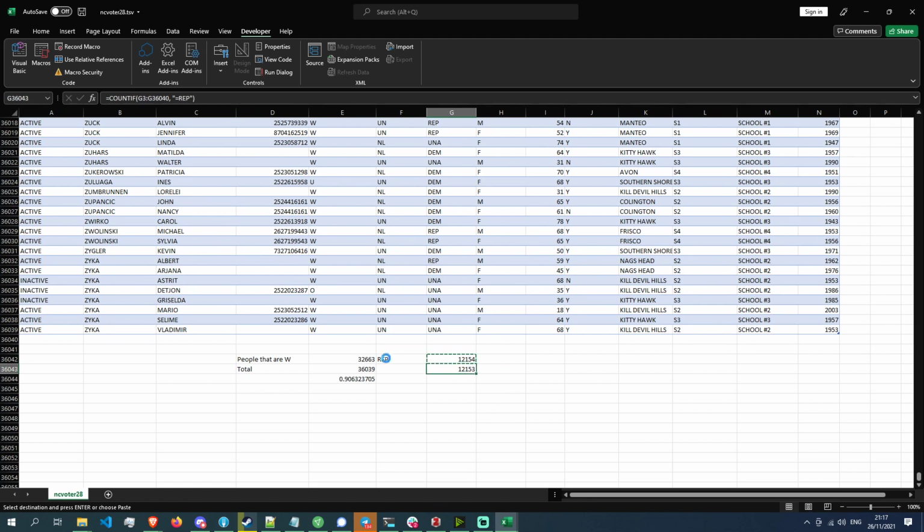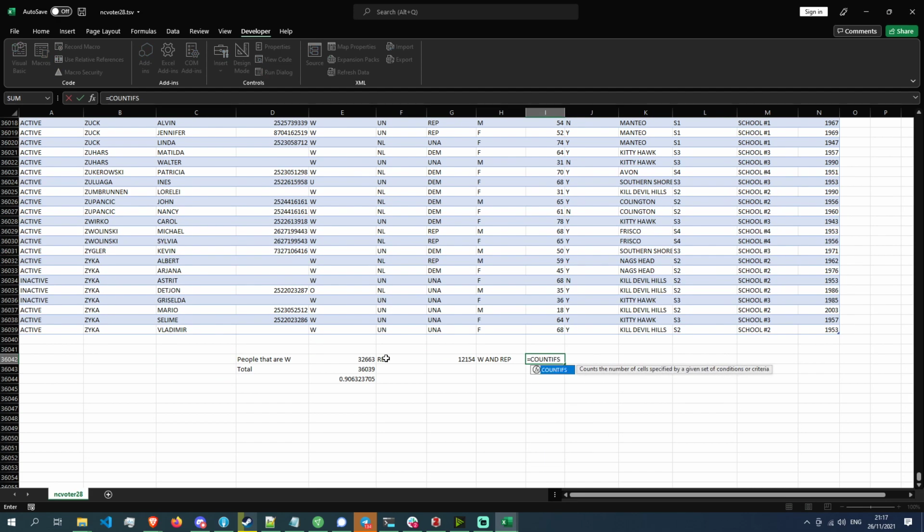Okay, let's do more of this. We have COUNTIF. So this is people that are Republican. Let's count people that are white and Republican, because we have the ability to do that. COUNTIFS counts the number of cells specified by a given set of conditions or criteria.